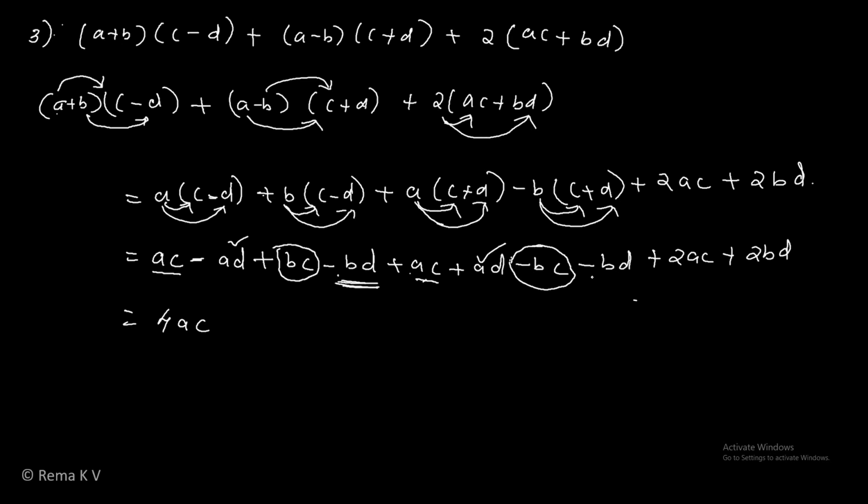This term. Here again minus 1 BD. So it becomes minus 2 BD plus 2 BD. See, minus BD, it becomes minus 2 BD plus 2 BD is equal to 0. So the answer is 4 AC.